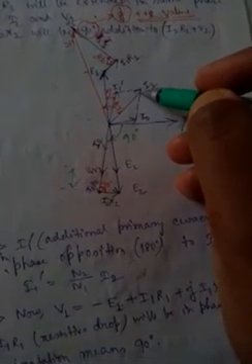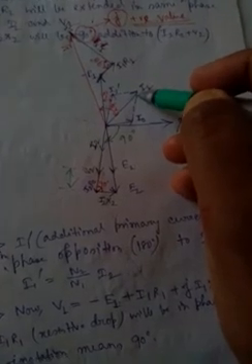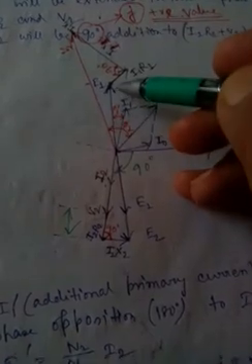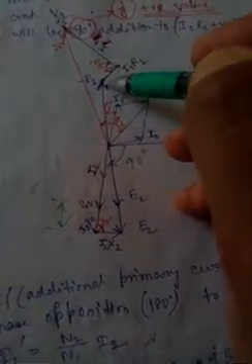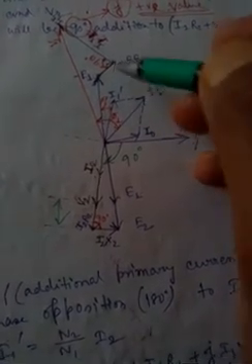Now what is V1? V1 equals minus E1 plus I1 R1 plus jI1 X1. If you want to draw minus E1, this length is E1, so in the opposite side, at 180 degrees, you take minus E1. From the tip of minus E1 you draw I1 R1, the resistive drop in the primary.